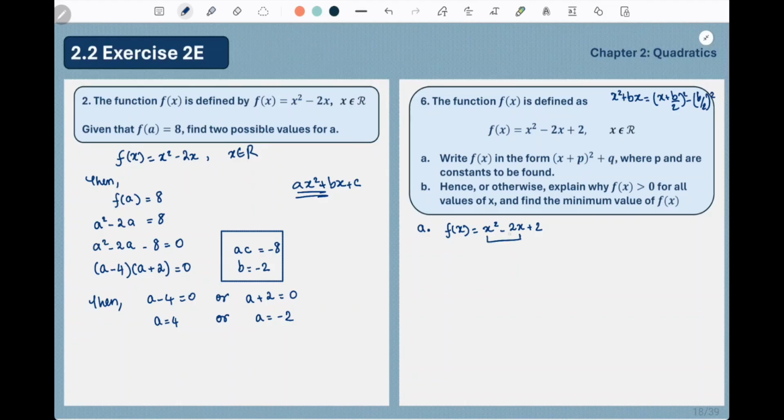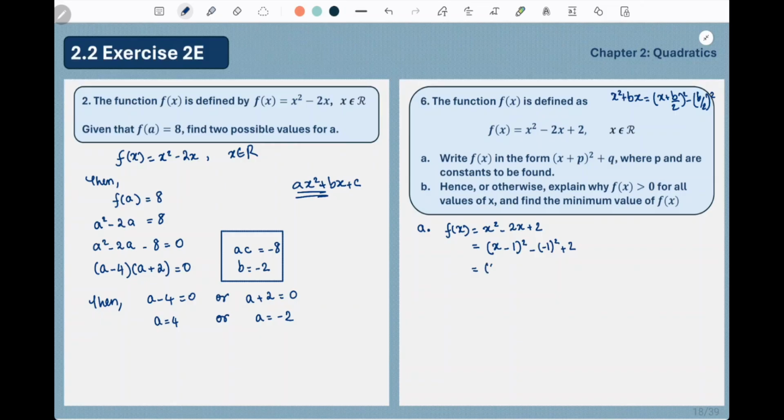So I'm focusing on this one first, okay? Because that's what the formula is targeting. (x minus 1) squared, so b in this case is minus 2, so it's minus 1, squared, minus 1 squared, plus 2. Don't forget the 2, as it's not involved in here. So you write it at the end.